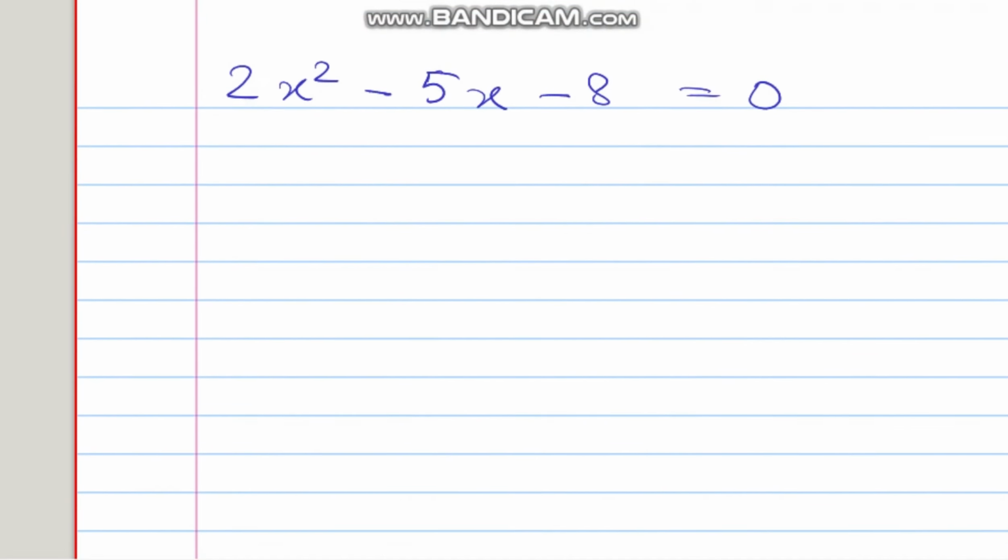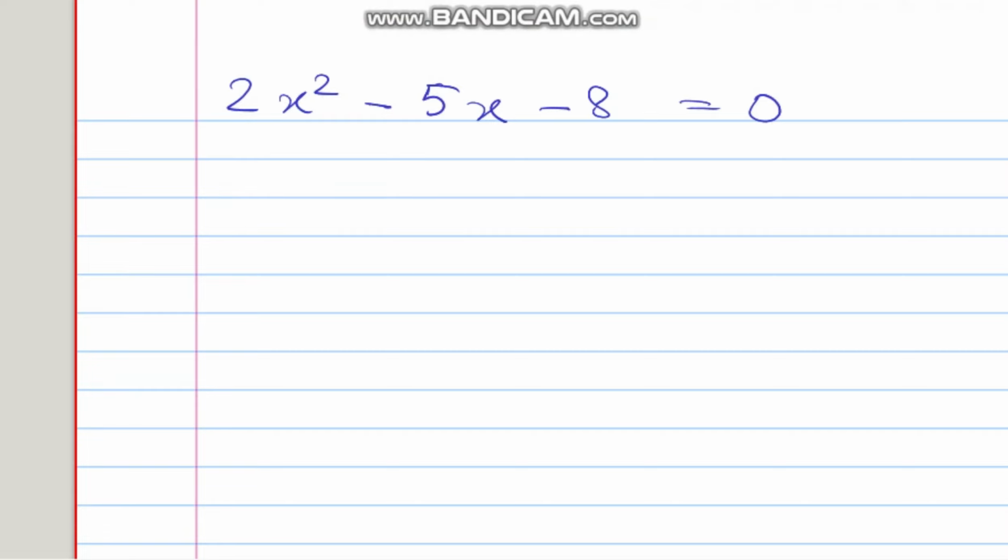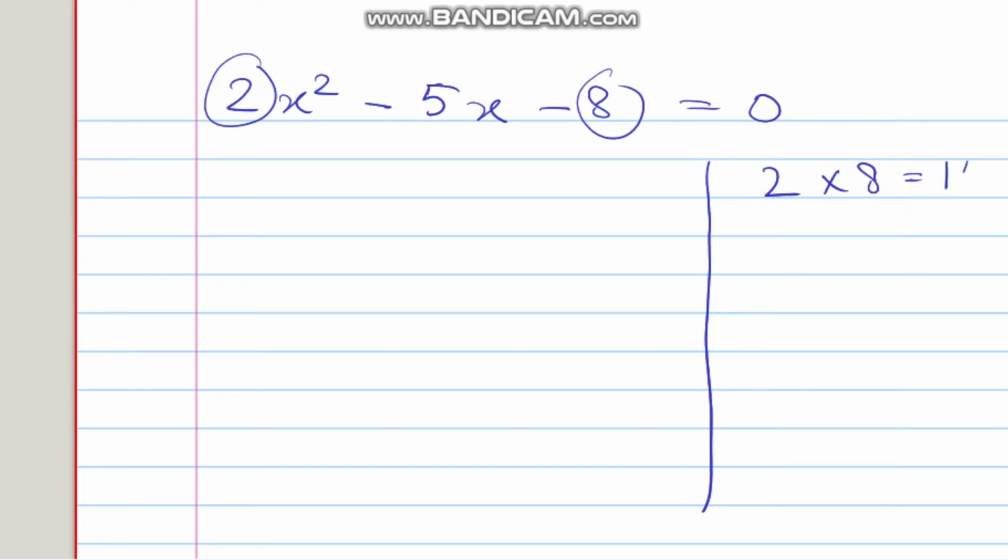Now, how to do the factorization method for this? You will just multiply the 2 with the 8, it is 16. I am writing it here by drawing a sideline. So 2 multiplied by 8 is 16. Now we have to make the factors of 16 to get the minus 5. How can we get the minus 5?